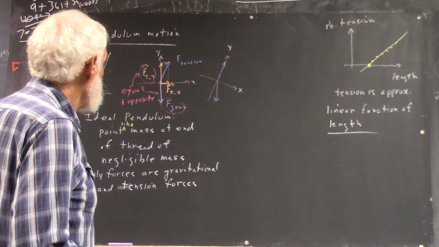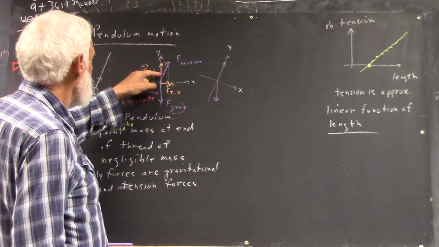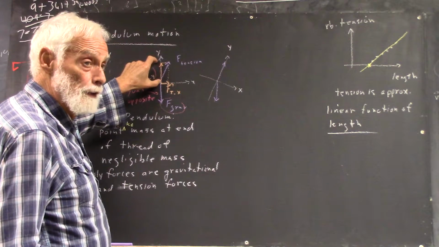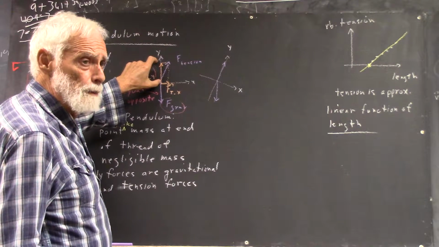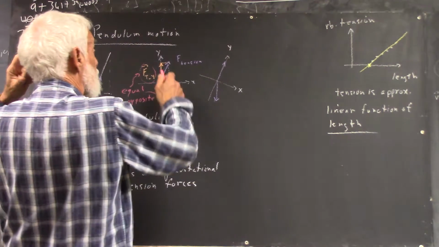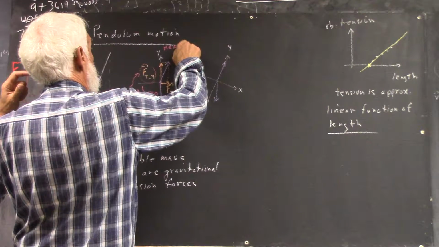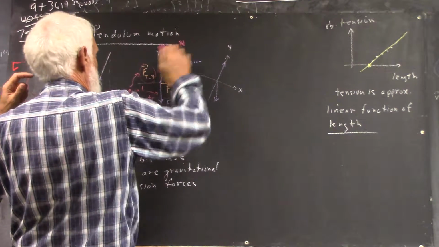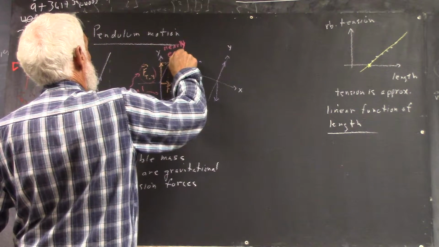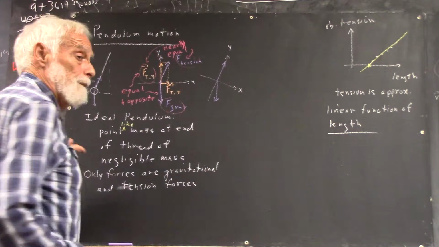Okay? Also, if this angle here between here and here is very small, the length of this vector and the length of this vector will be nearly equal. So I can say that these are nearly equal, this and this.